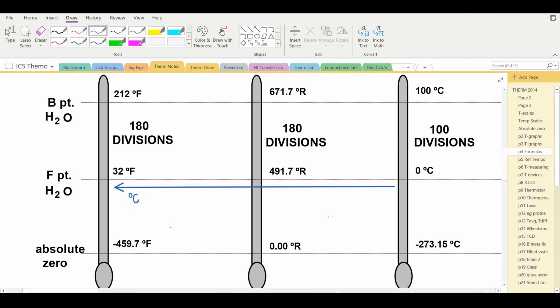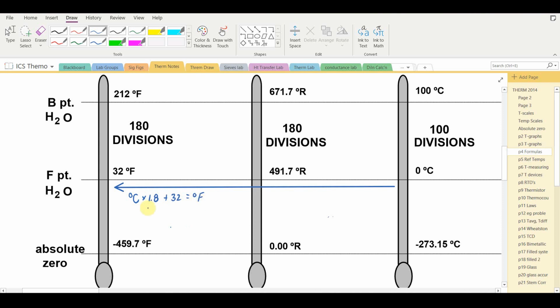Recall that the Fahrenheit scale is 1.8 times more sensitive than the Celsius scale. So we multiply by a factor of 1.8. So 0 times 1.8 is 0. We want to make that equal 32. We have to add or subtract an offset. In this case, we're going to add 32. That's equal to degrees Fahrenheit. So 0 times 1.8 is 0, plus 32 is degrees Fahrenheit.